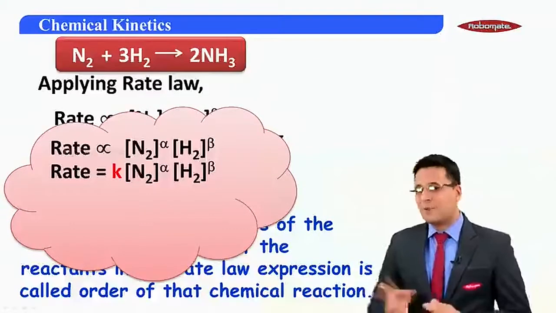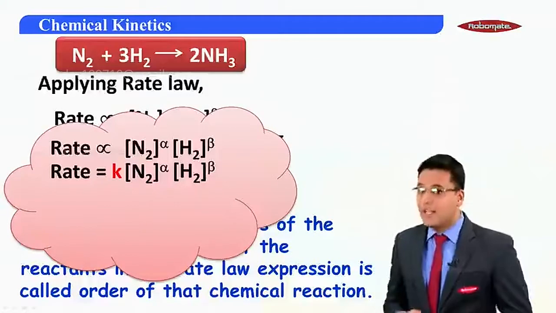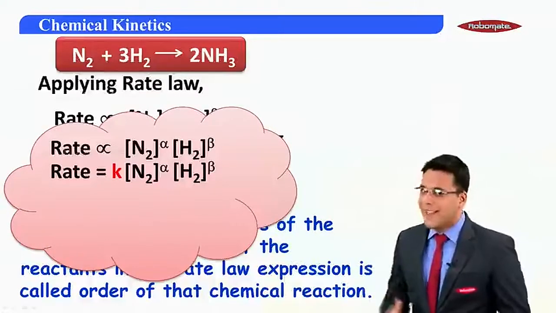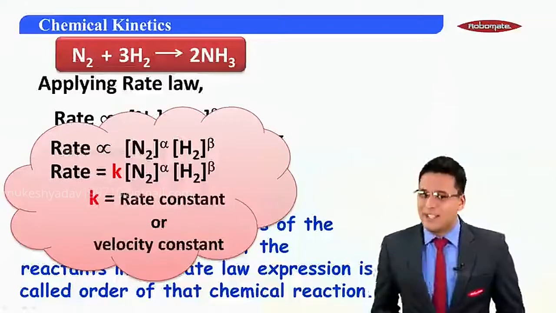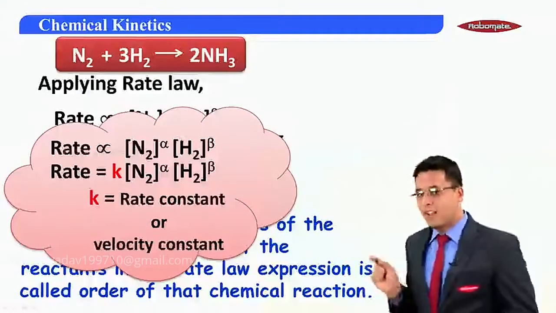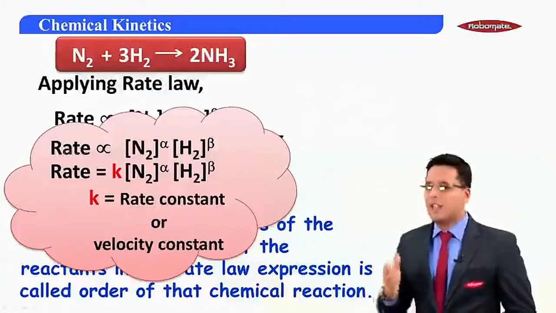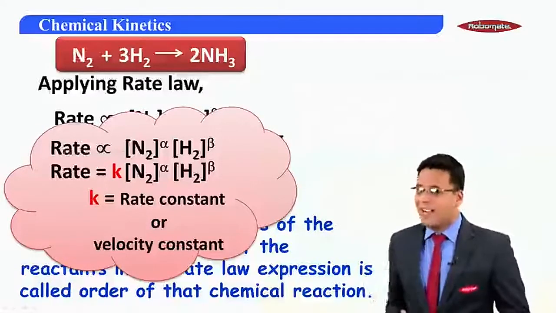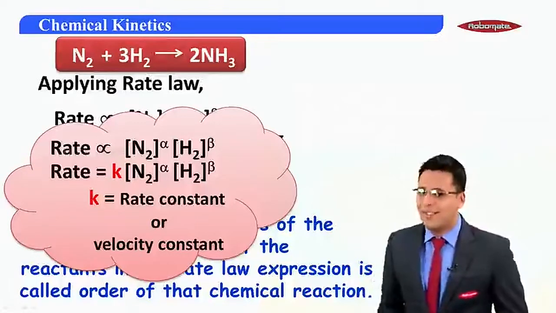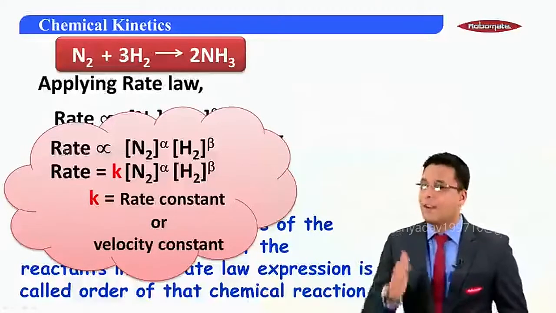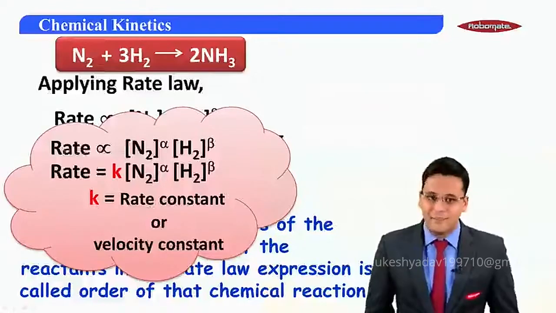So the same expression can be written in both the ways. Now here in this particular expression, K is called as rate constant, or it is also called as velocity constant. We will study about rate constant in the further modules, but right now I just want you to know that the rate law can also be written in the form of rate constant.